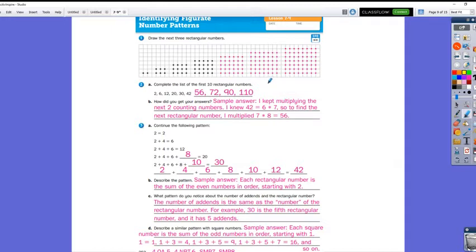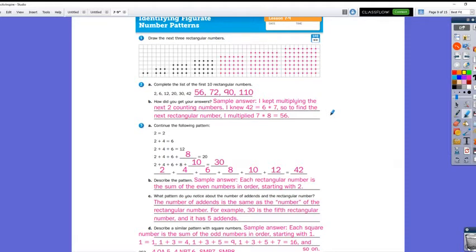And then how many rows? 1, 2, 3, 4, 5, 6 rows. So this one's going to have 7 rows. And how many columns? 1, 2, 3, 4, 5, 6, 7, 8. If you need to check yours more closely, you can always pause the video and count how many rows and columns you had on your drawings or your arrays so that you can make sure. All right, number 2.